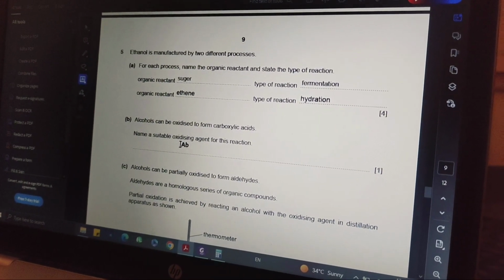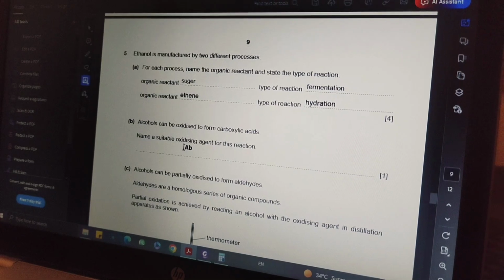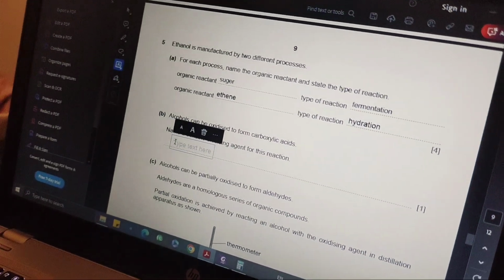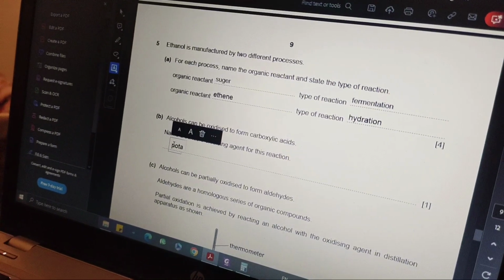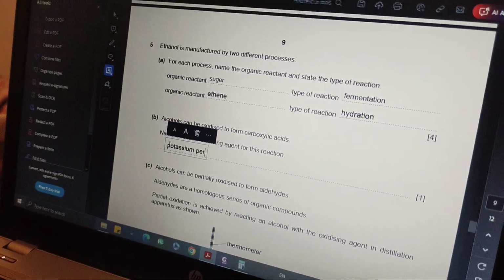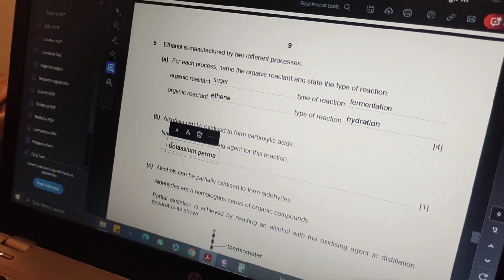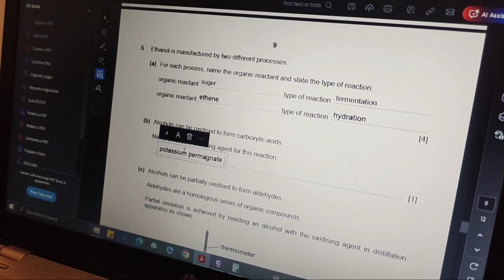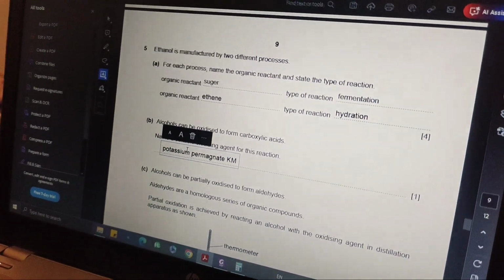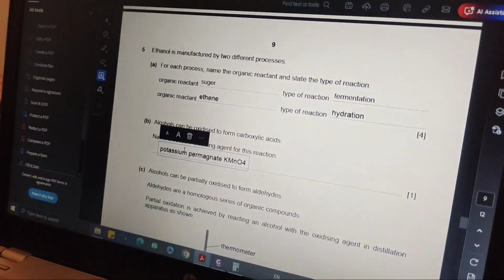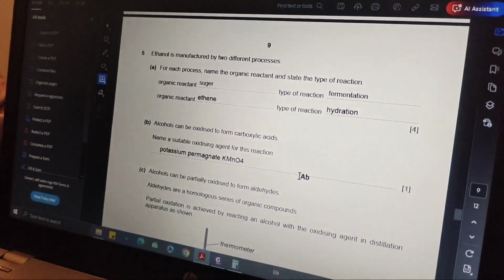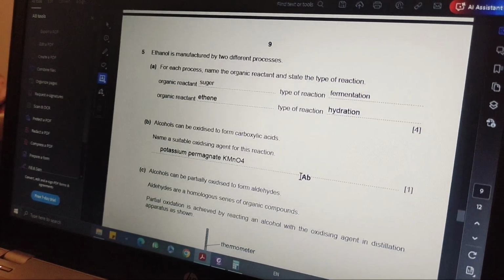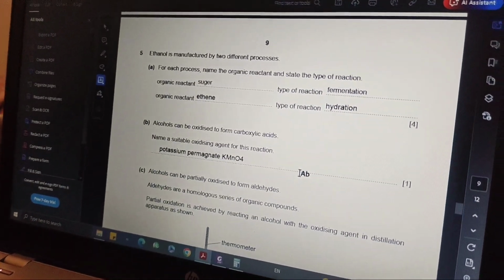Alcohols can be oxidized to form carboxylic acid. Name a suitable oxidizing agent. Whenever you are asked for a suitable oxidizing agent, potassium permanganate is one of the best oxidizing agents, that is KMnO4, other than any other like chromate or any peroxide or superoxide.